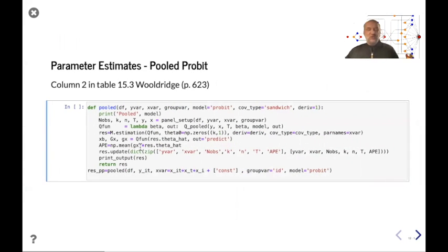So why don't we try to use this to estimate a pooled probit. There's this other function here called pooled, that's calling what we just had. It's calling Q pooled, the routine we just had for the pooled probit model. I'm not expecting you to follow all the details here, but really we specified this objective function, then we throw that after our M estimator, which is another set of routines.